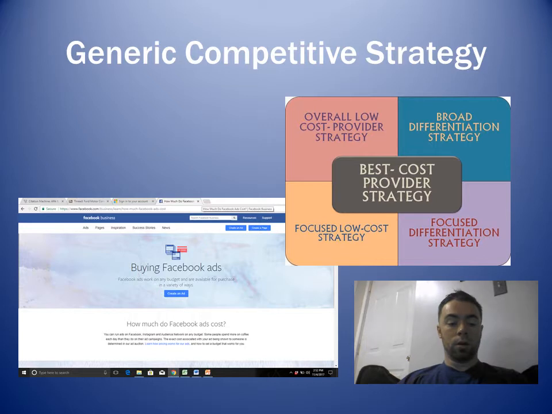The decision to employ this competitive strategy is a smart analytical decision based on Facebook's internal capabilities and the industry they compete in. A best cost provider strategy is best suited for companies who have the resources and capabilities to incorporate attractive and upscale attributes to its product offerings at a lower cost than rivals.